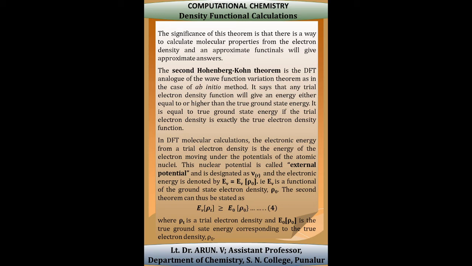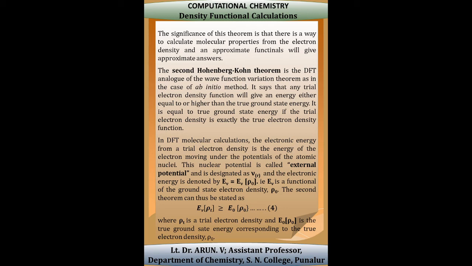This second Hohenberg-Kohn theorem can be stated as: E nu of rho t is greater than or equal to E nu of rho 0, where rho t is the trial electron density.